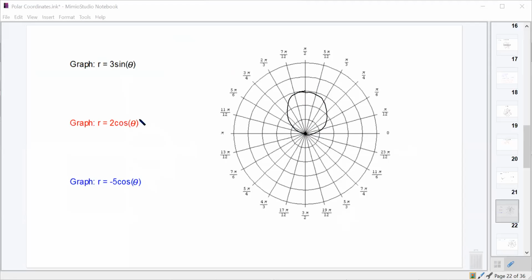If I said 2 cosine theta, that should be diameter 2 down here, quadrants 1 and 4. And if I said negative 5 cosine theta, should be over here like that. Everybody good there? All good. All right, spectacular.